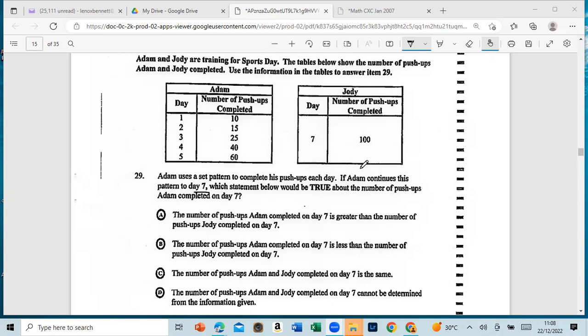Put the answer in. Let's get what push-ups Adam did. Take your time, guys. We have time. Make sure you retake.